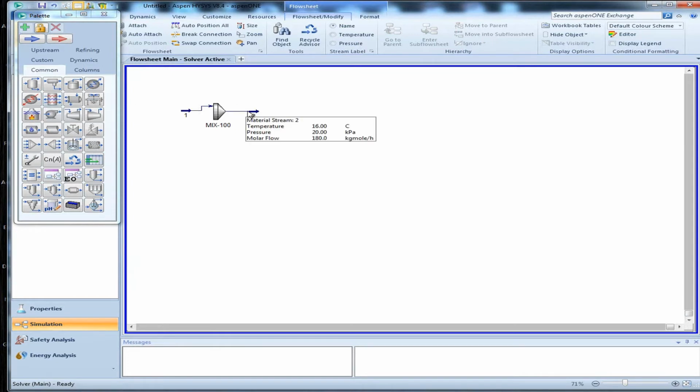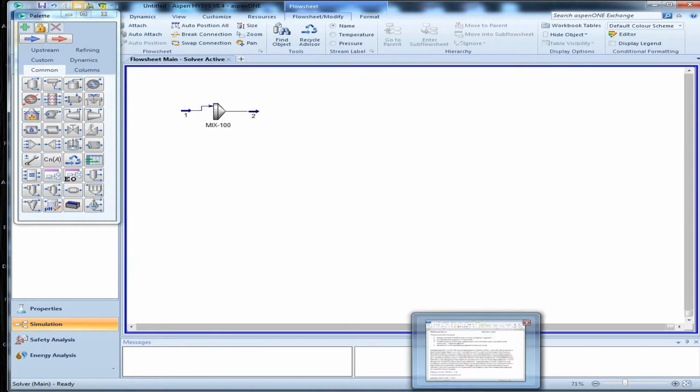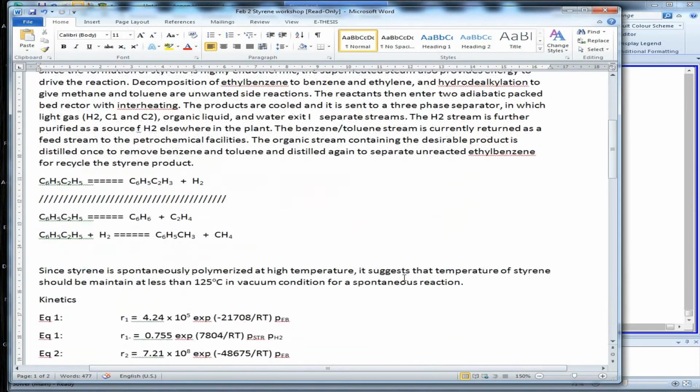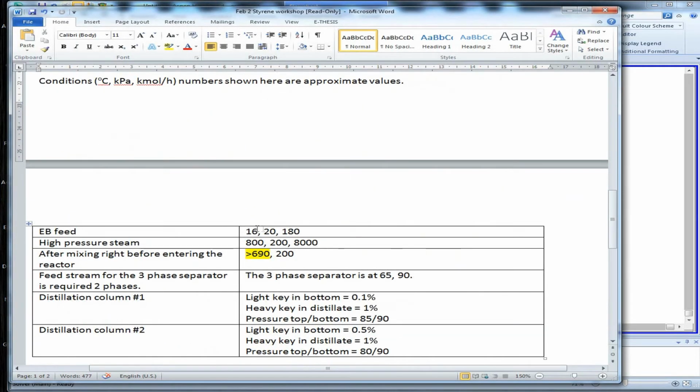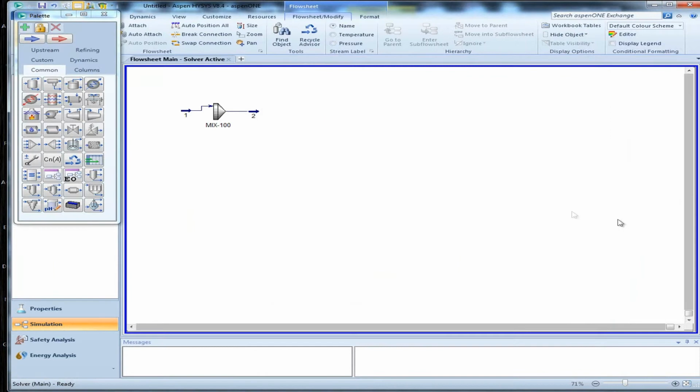Because this ethylbenzene will mix with the high pressure stream at 200 kilopascal, what we have to do is to boost up this pressure to 200 kilopascal.